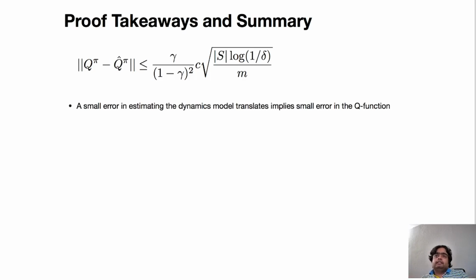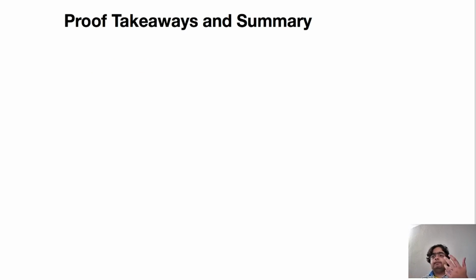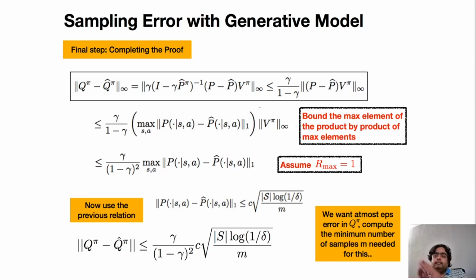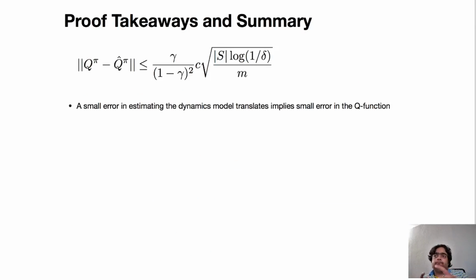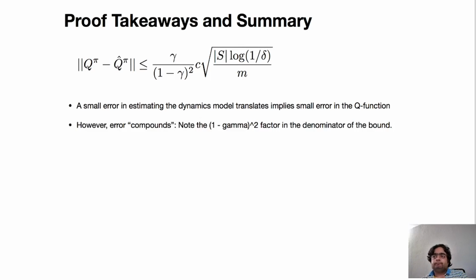What other takeaways does it tell us? The first takeaway is that a small error in estimating the dynamics model, meaning if you estimated p hat minus p up to some error, gets multiplied by a large constant, gamma over 1 minus gamma square.